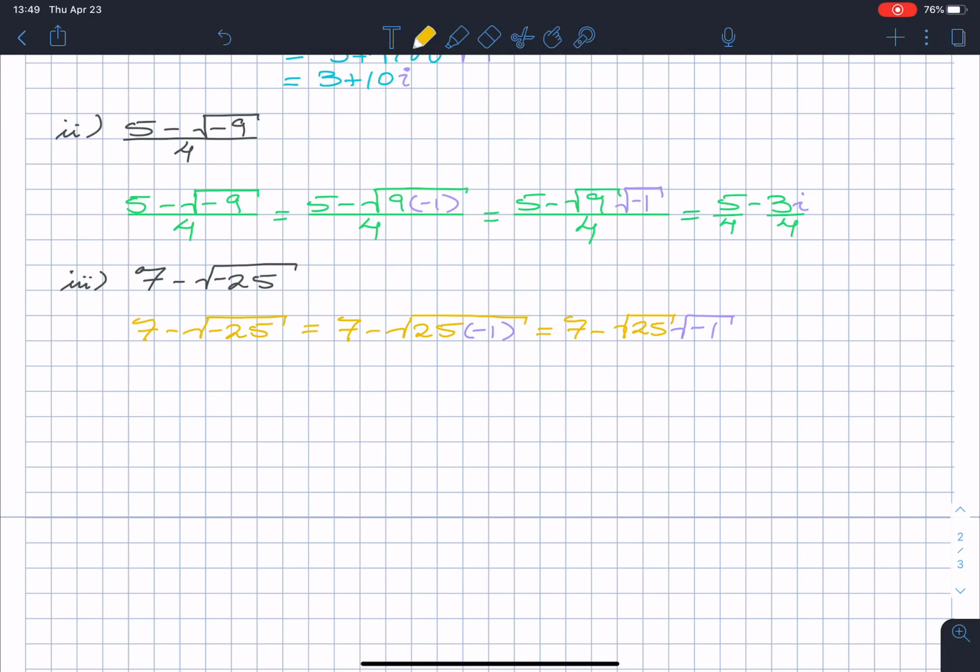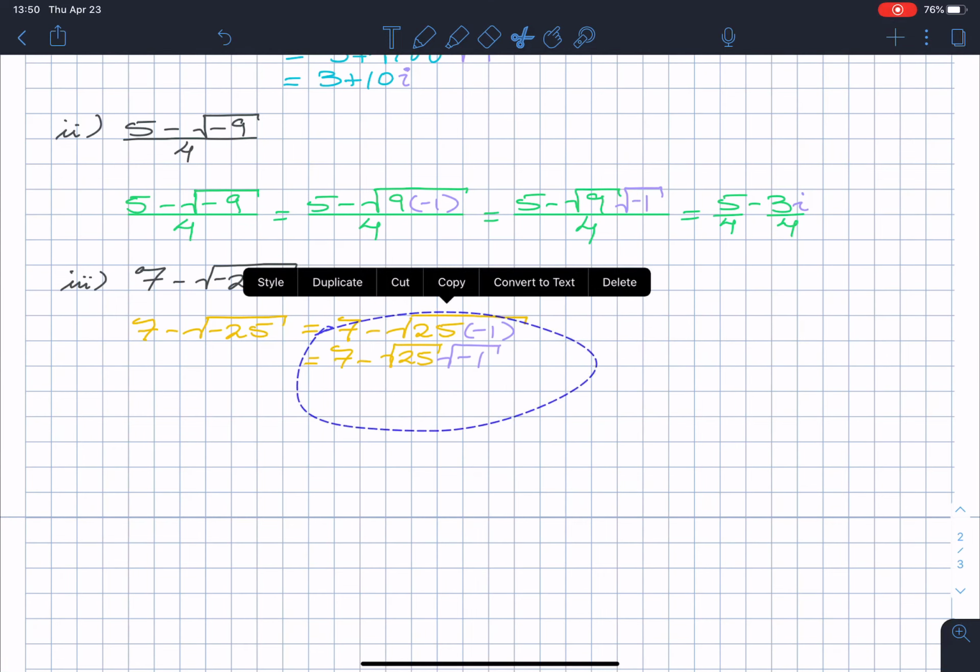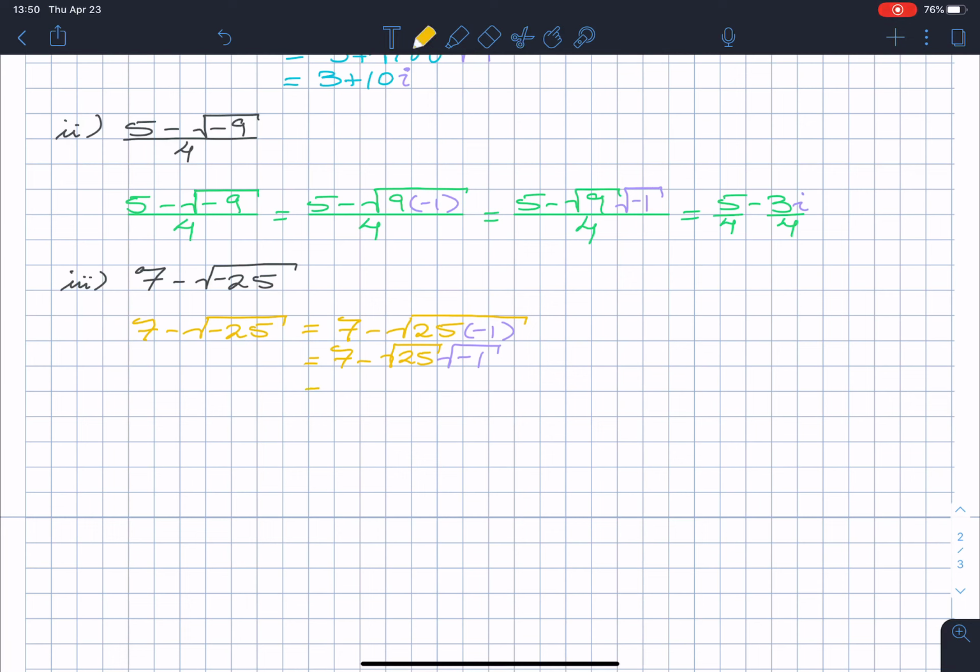Maybe I could put this beneath it. We don't need the extra vertical space. So this becomes 7 minus 5 times I in standard form.